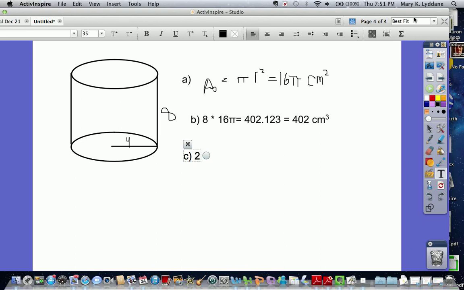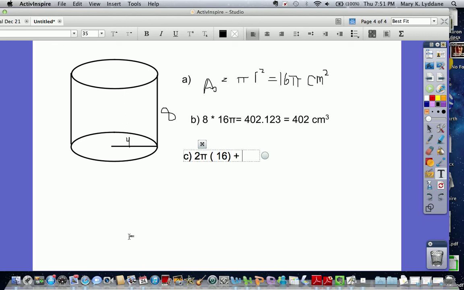Well, the radius squared is 16, plus the surface area of the sides of the cylinder, if you will. So what is the formula for that shape?